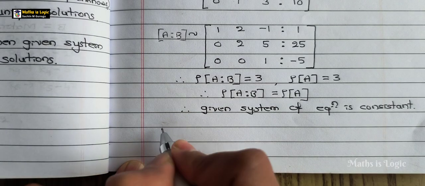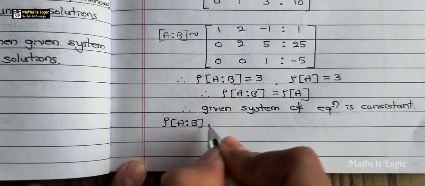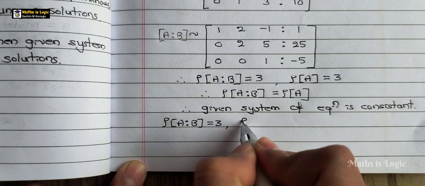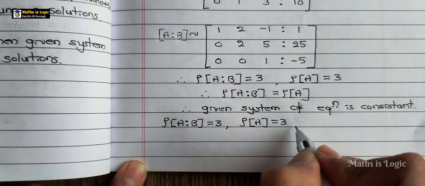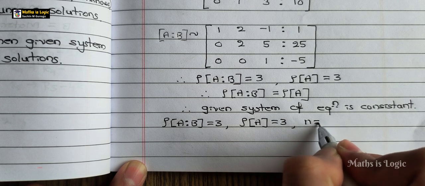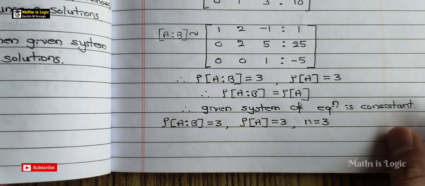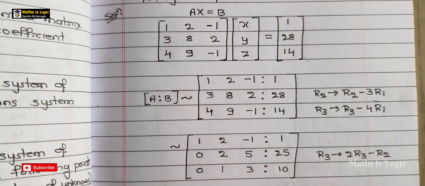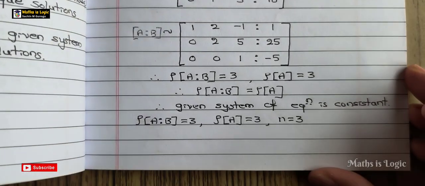Now the rank of the augmented matrix is 3, the rank of A is also 3, and n is also 3. This n indicates the number of unknowns. Here there are a total of 3 unknowns, x, y, z.